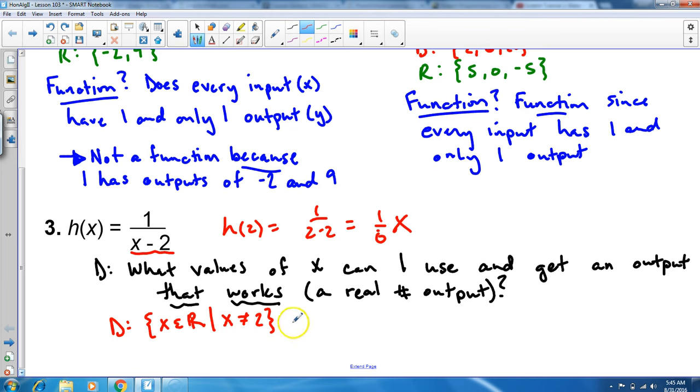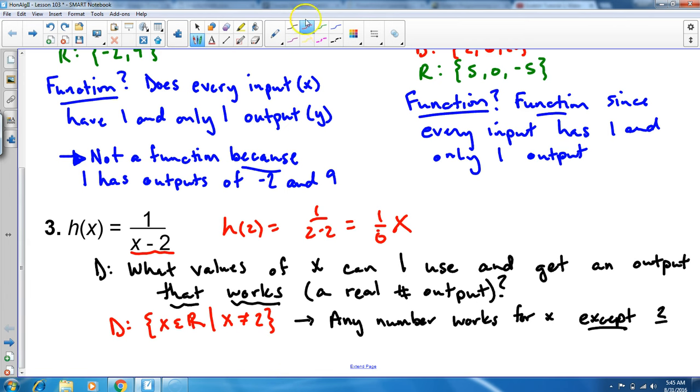Okay, so what this means is basically I can use any number as an input except for 2. 2 is not an input. Any number works except 2. So x can't be 2.